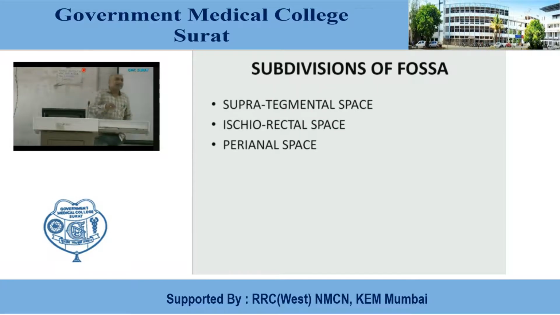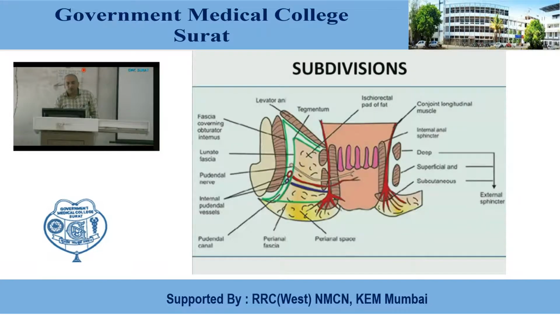Now the next point is the subdivision of the ischiorectal fossa. You have already seen this figure a number of times. This is the ischiorectal fossa. Now I have told you about the fascia lunata, the lunate fascia, and the summit of this fascia is known as the tegmentum.